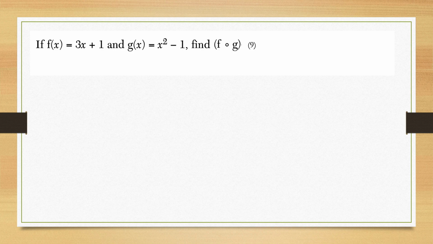Okay, so remember we read it backwards. So first we give the function to g. I get 9 squared minus 1, which is 80. Then I give that 80 to f. 3 times 80 plus 1 is 241.